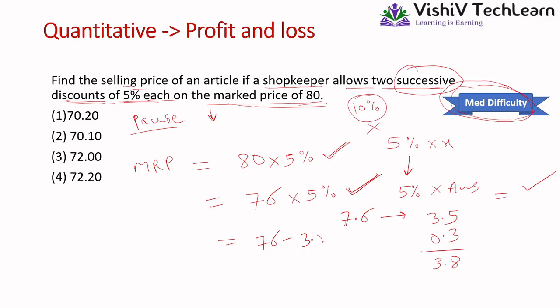If we subtract 4 directly, it will be 72, plus we can add 0.2. So 72.2 must be the final answer. The fourth option is correct, right? Now let's go for the next question.